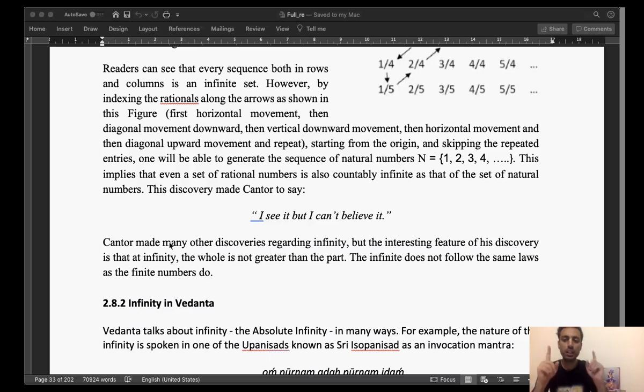Now, take any two irrational numbers. Give me two irrational numbers which are very close to each other. Just like I gave you an example with rational numbers, 0 and 1 upon 1, 0, 0, 0, with as many zeros as you want to put. These two are rational numbers.